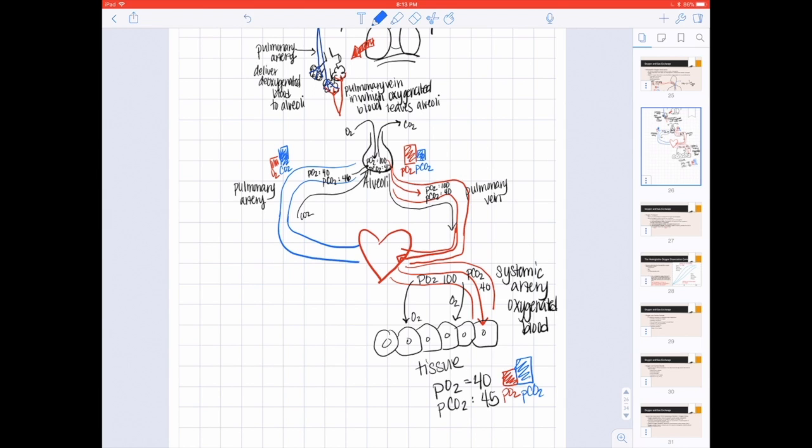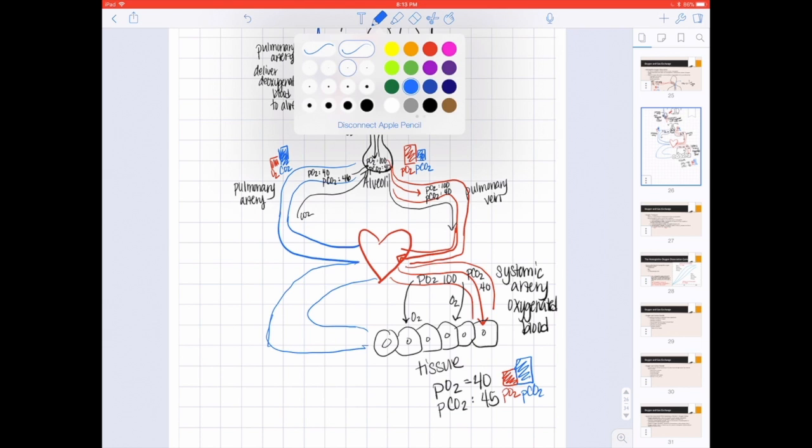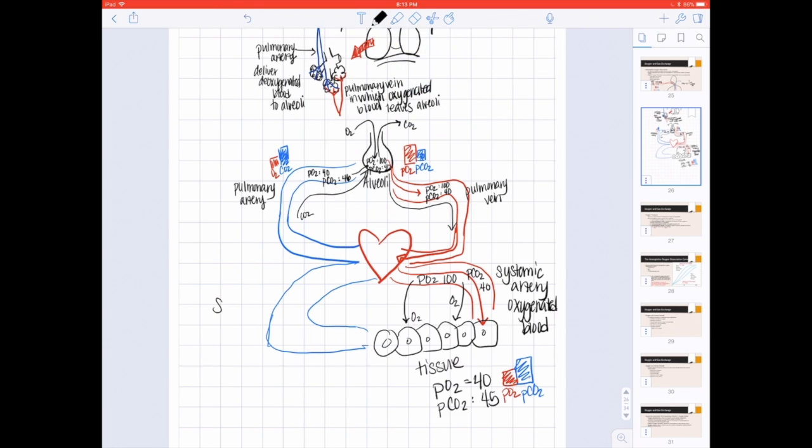Now, as a byproduct of metabolism of the cells found within tissue, what do you think we're going to produce? We're going to produce some CO2. Okay, so let's hop over to the other side of this, and we're just going to draw out our systemic vein. Systemic vein. Let's label that.